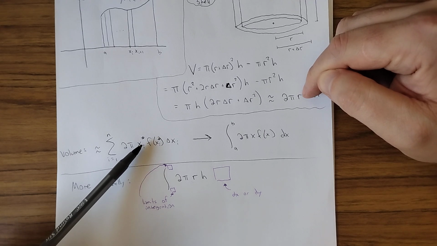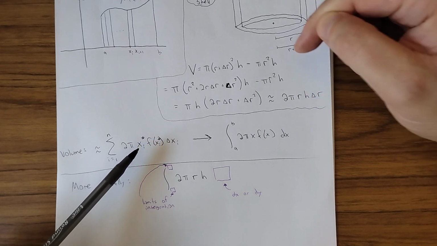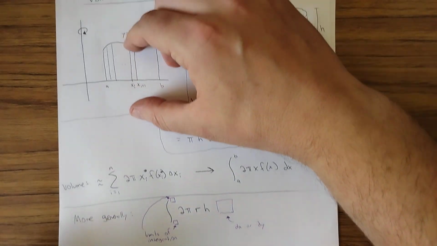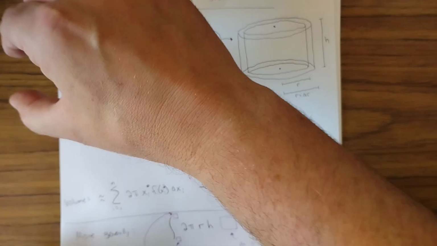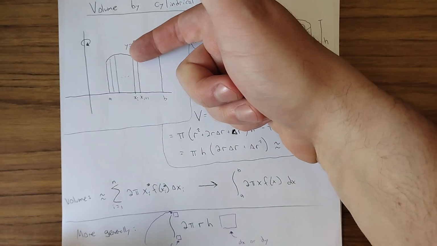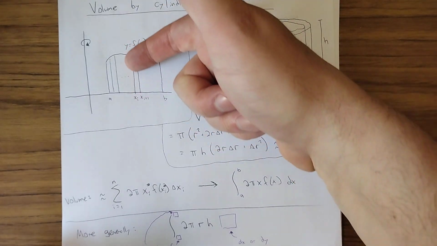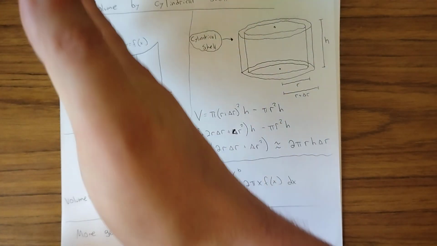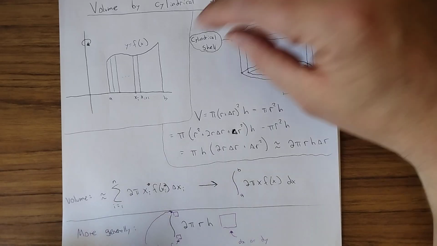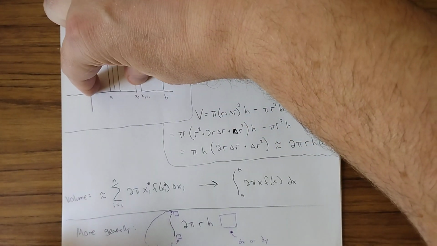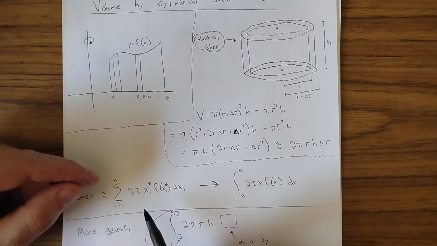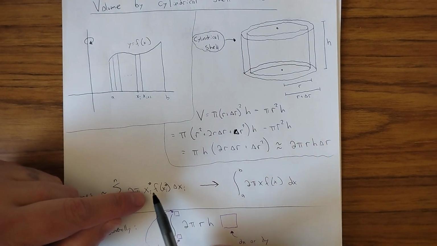And then, what's the radius of a shell? If I take a particular rectangle and spin it around like this, the radius is just the distance from the outside part to the axis of revolution, which is the middle of the cylinder. So it's just the distance from here to here, which is just x. That's my r.